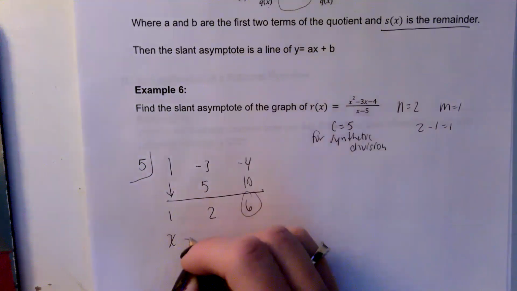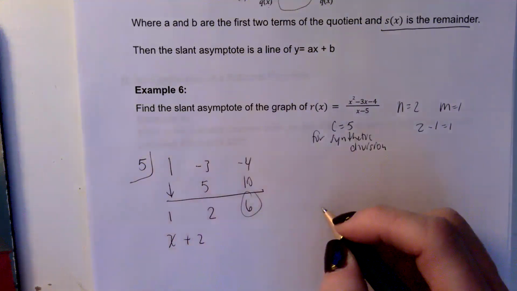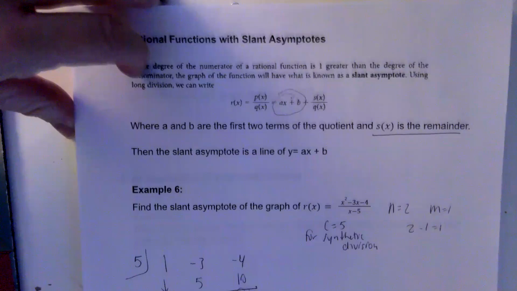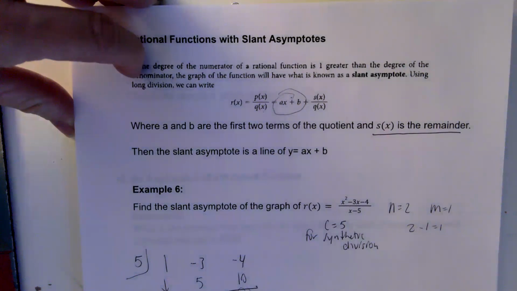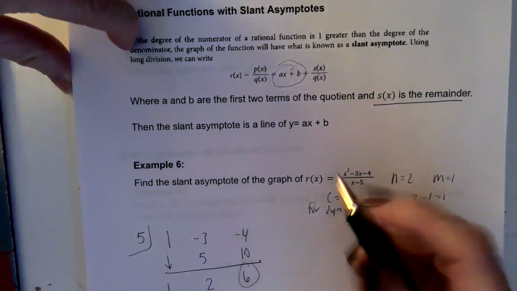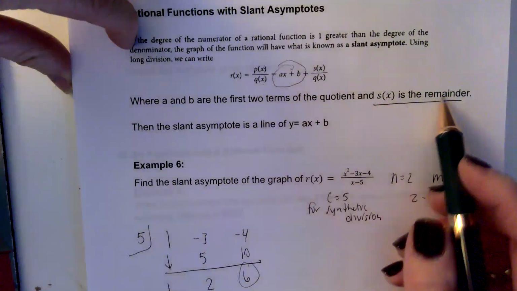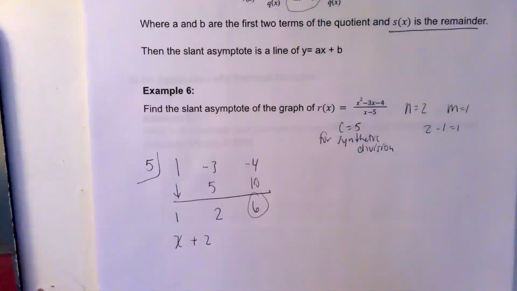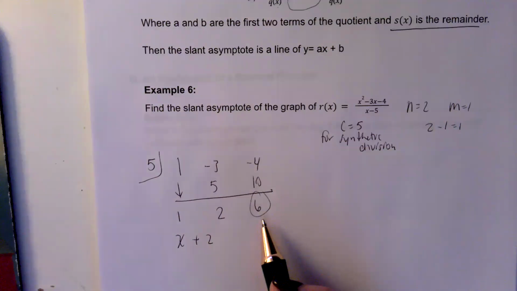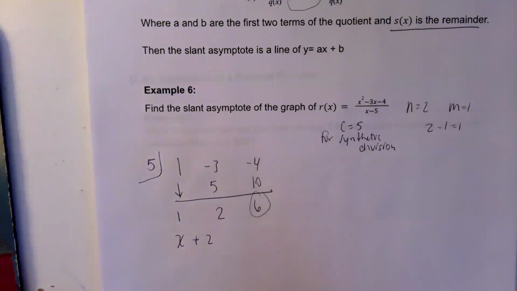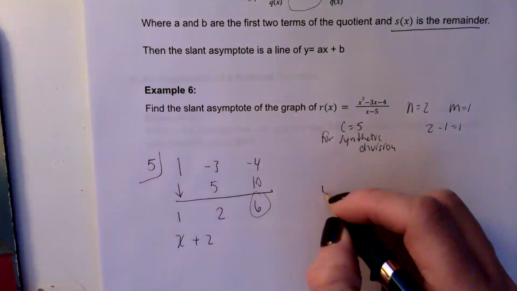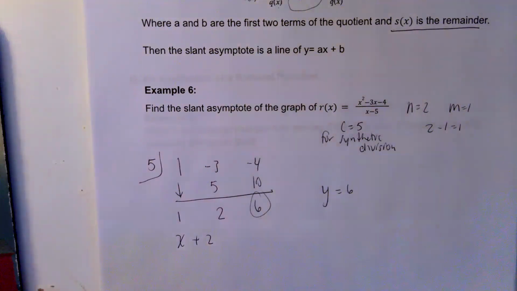Because I've got x plus 2, the remainder is 6, so I have a slant at y equals 6.